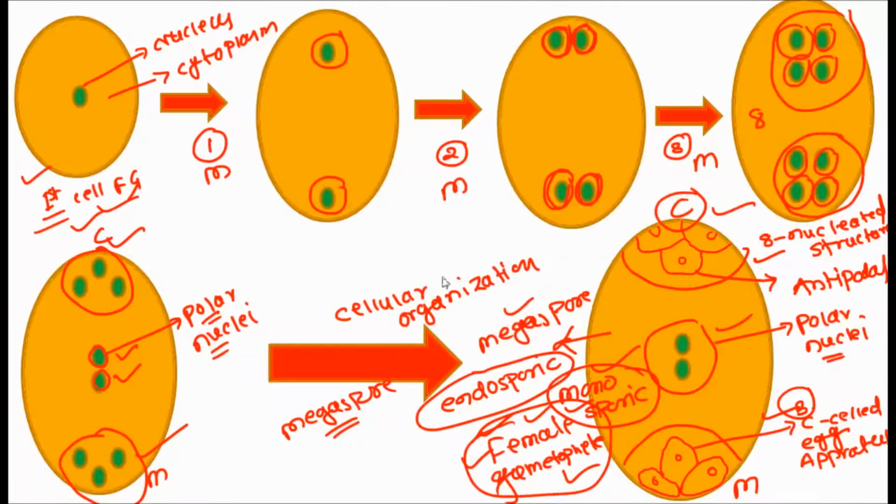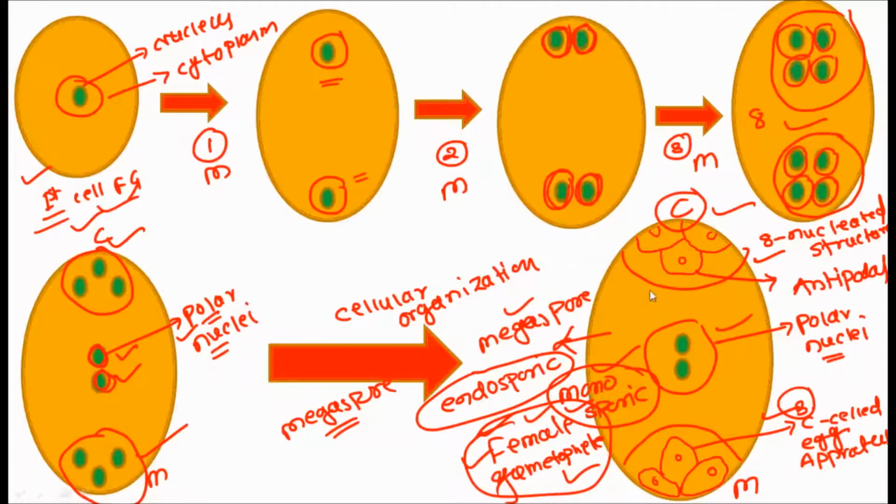After this, the nucleus of the one functional megaspore undergoes three consecutive mitotic divisions, in which it forms the eight-nucleate structure. After that, out of these eight, two come, one from each end, that is one from the chalazal end and another from the micropylar end, to the center, which forms the polar nuclei.